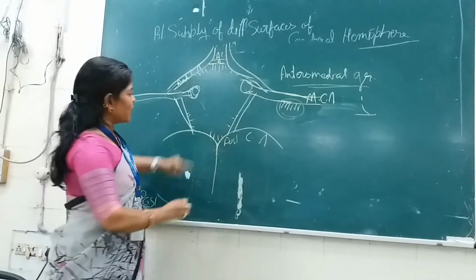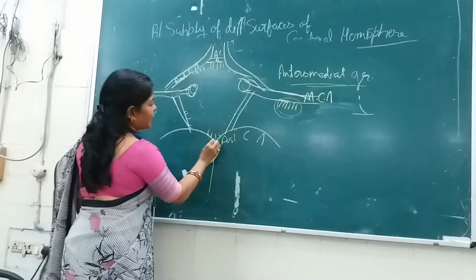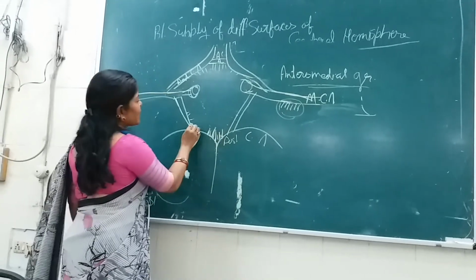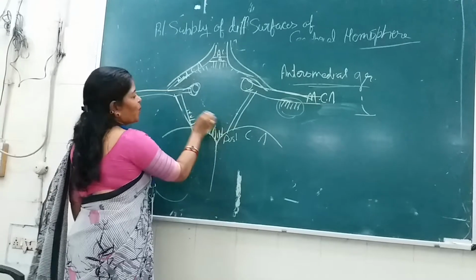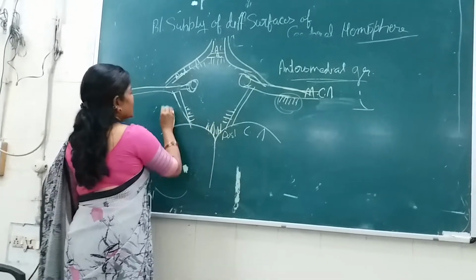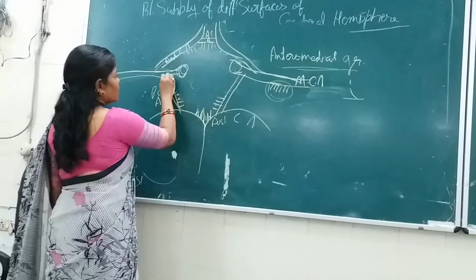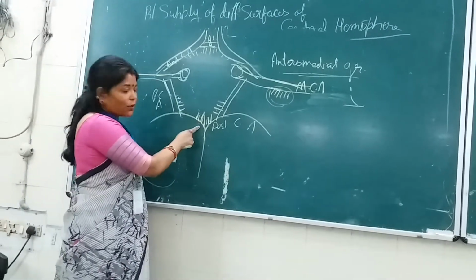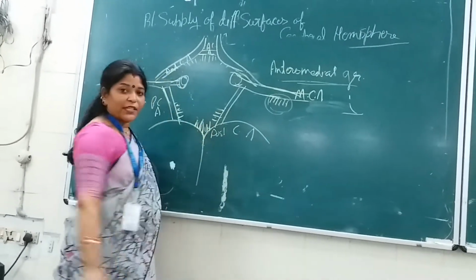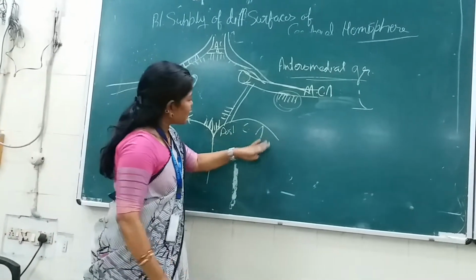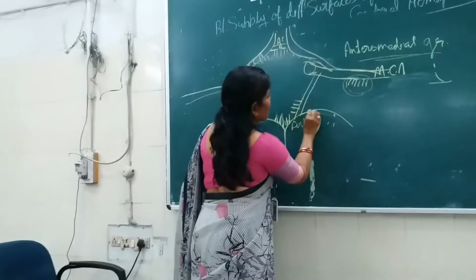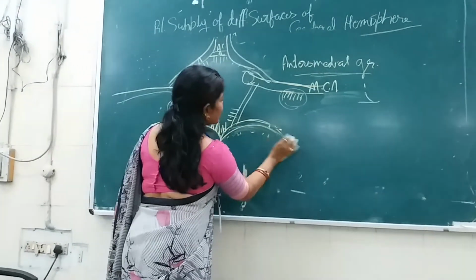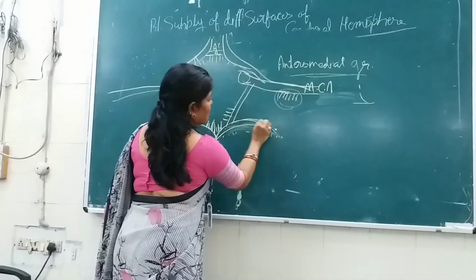The posteromedial artery arises from the posterior cerebral artery as well as the posterior communicating artery. Isn't it? This is the posterior communicating artery, this one. Here it is the posterior cerebral artery. So the posterolateral will be arising from the posterior cerebral artery like this.